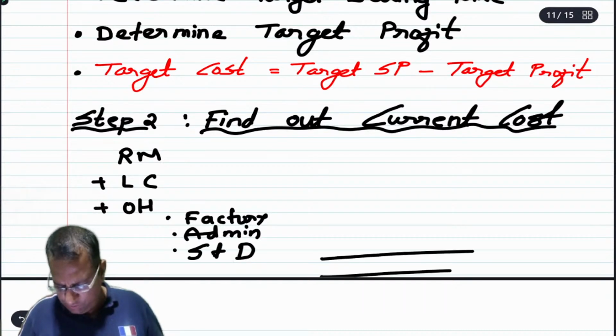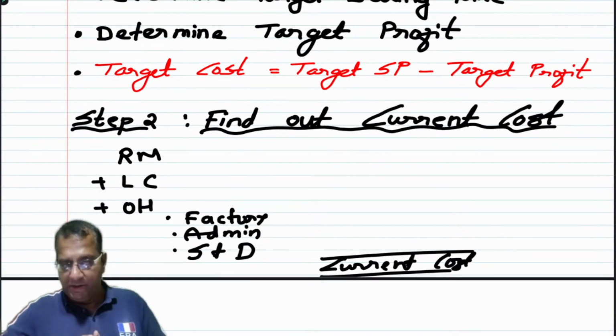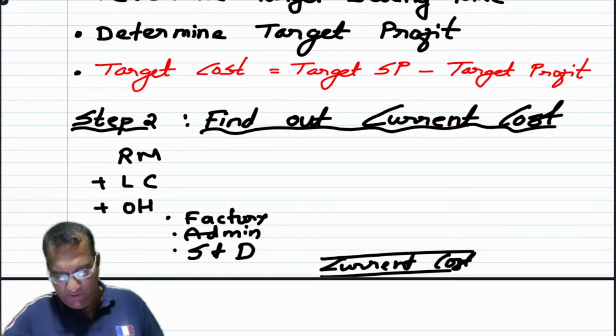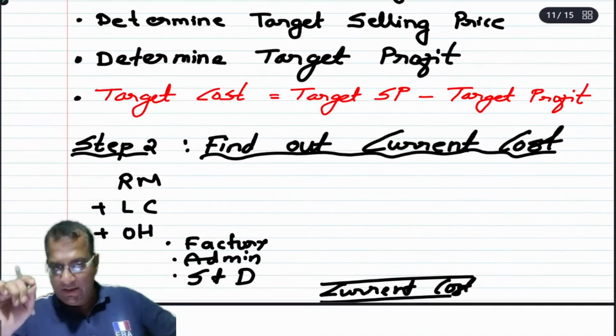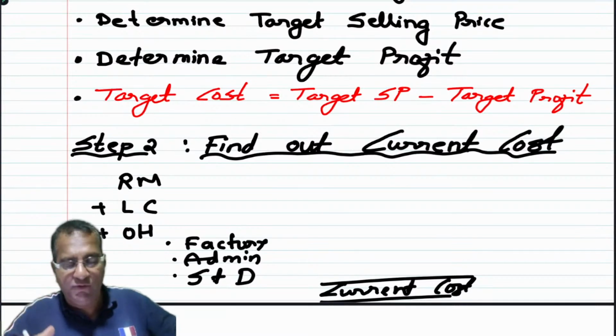The total will be known as current cost. If we manufacture this car, what will be the cost? This is the cost on paper. Right now, we have not yet started manufacturing. Unless and until the cost reduction target is achieved, the brainchild will not go into the manufacturing stage.